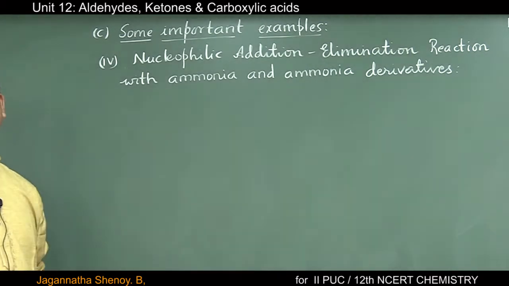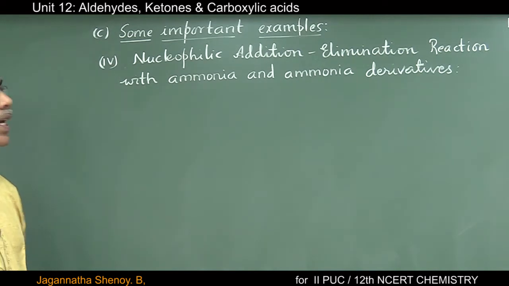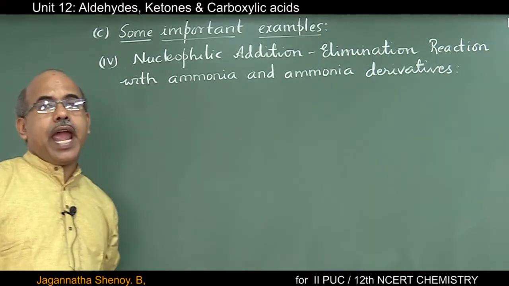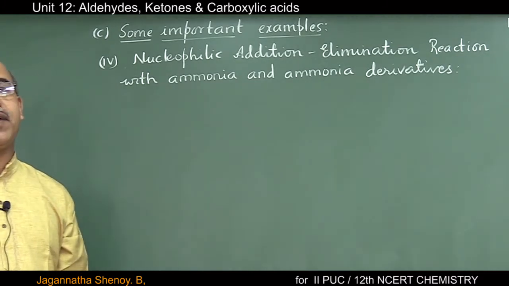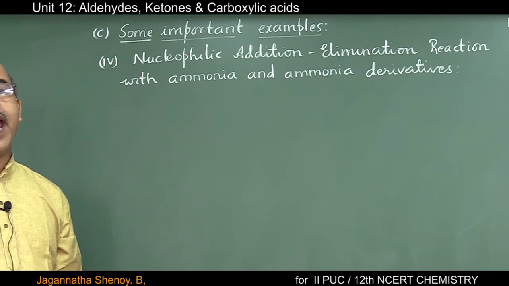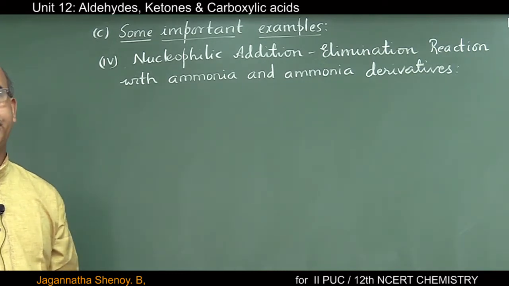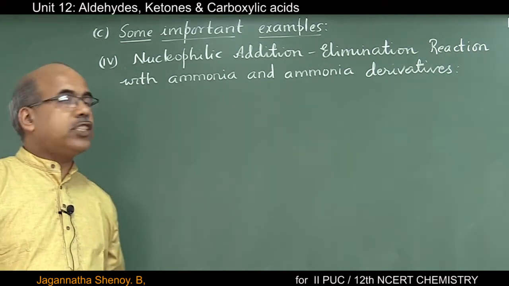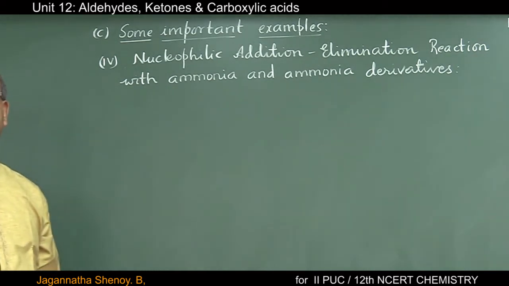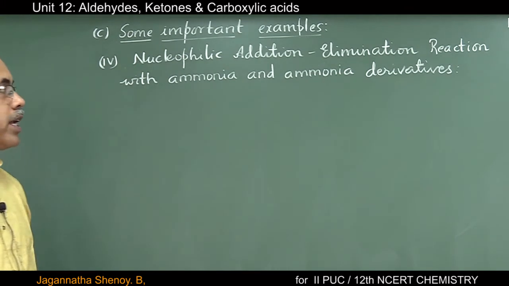The next important reaction we are going to consider is the nucleophilic addition-elimination reaction of carbonyl compounds with ammonia and ammonia derivatives. There are so many reactions under this heading, but first I'm going to start with the general equation for the reaction.